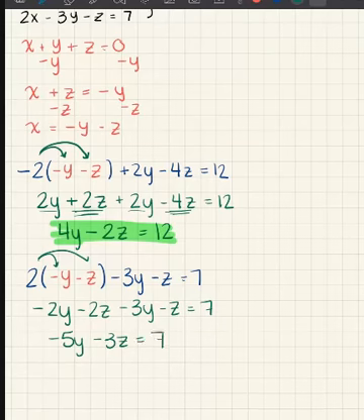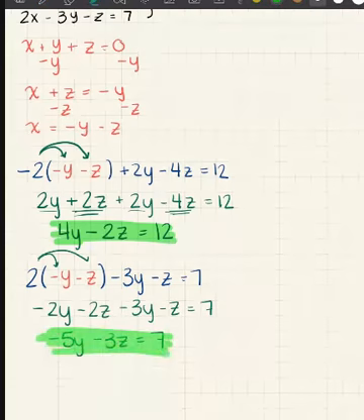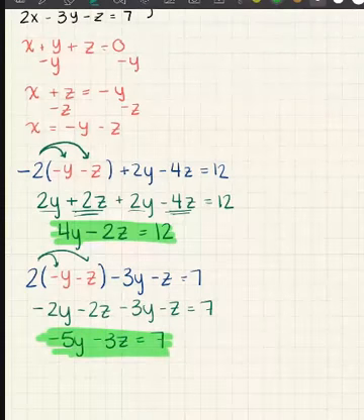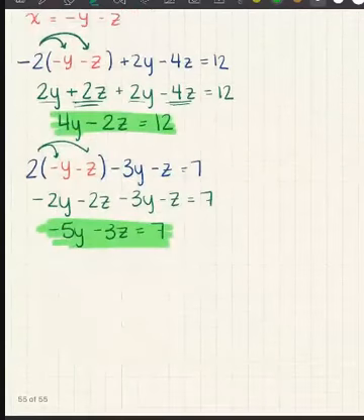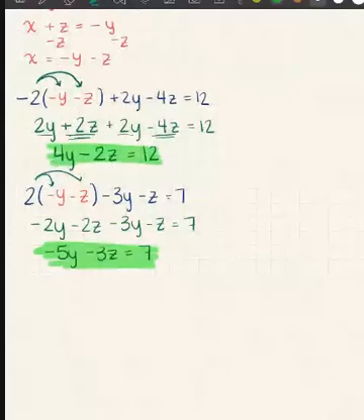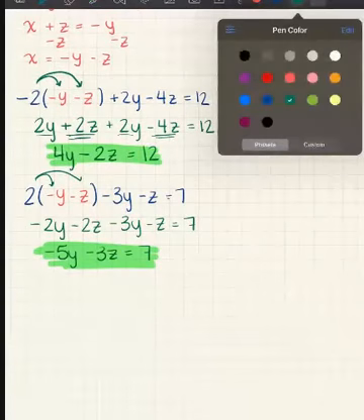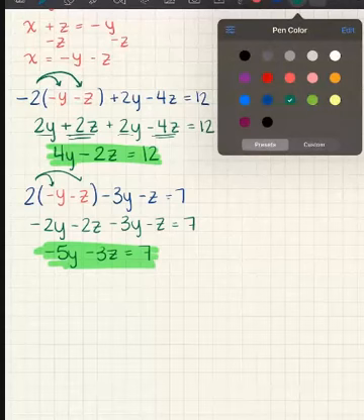That gives me a second equation with two variables, the same two variables that I have in the first green equation up at the top there. I can then go in and solve those.